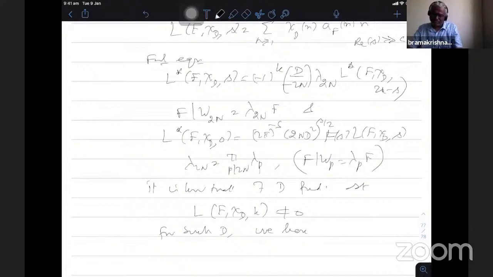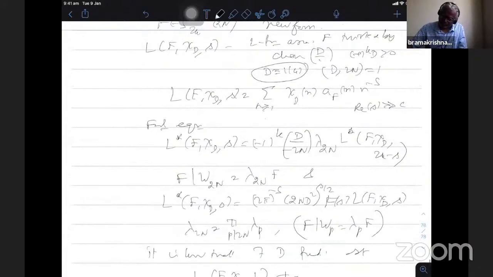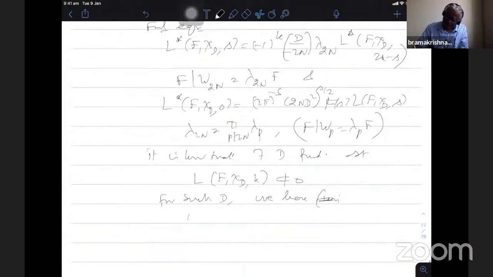This L* is non-zero, and we also have, because (-1)^k D is positive, that (D/-1) is (-1)^k. So we have (D/2n) is nothing but λ_2n. Because this is non-zero, both sides are equal, therefore this should be equal to 1. (-1)^k is (D/-1). Therefore, λ_2n should be (D/2n).